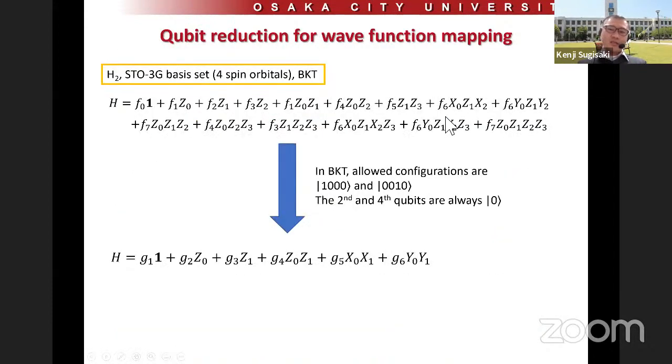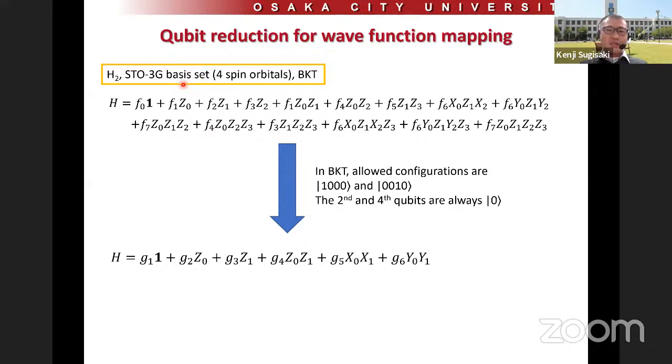Actually, I already introduced some qubit reduction technique. Here you can find a similar slide from the 4th lecture, my slide on the wave function mapping. In this case, we consider the Hamiltonian of the hydrogen molecule with the STO-3G basis.